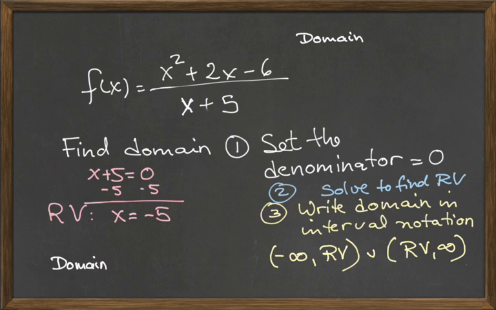That's kind of the general form for one RV. We're about to do a problem where we have more than one. So what's the domain for the pink one? -infinity to -5, union -5 to infinity.